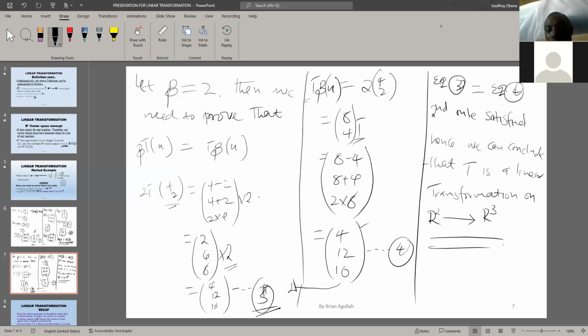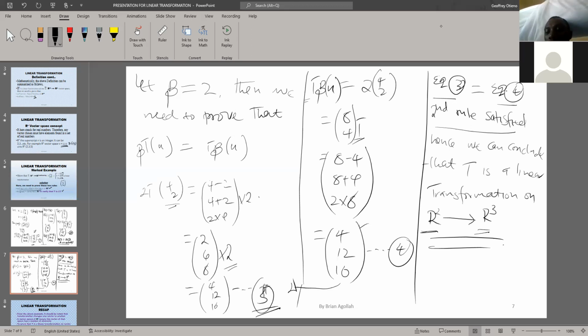So you can see equation 3 and equation 4 are equal, and therefore the second rule is also satisfied. Hence, we can conclude that T is a linear transformation on R2, taking R2 to R3.